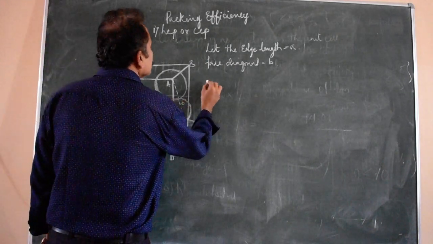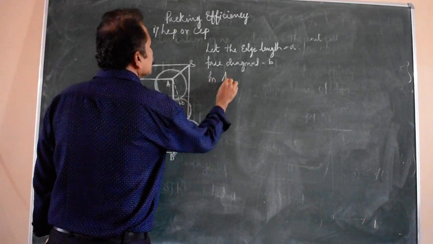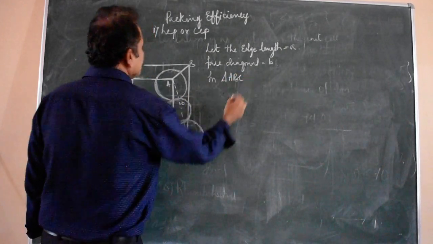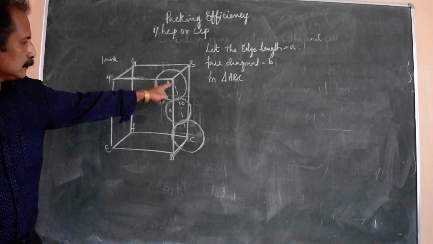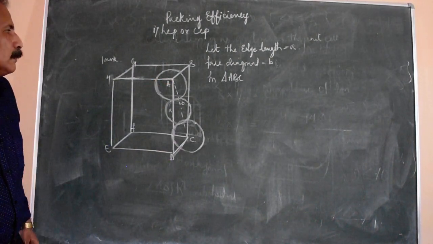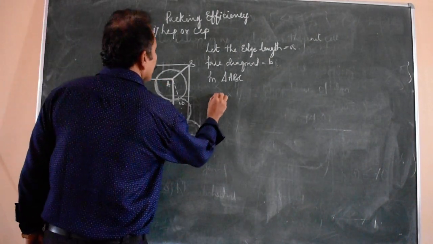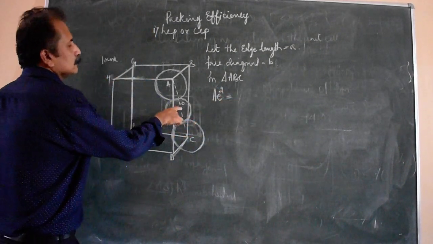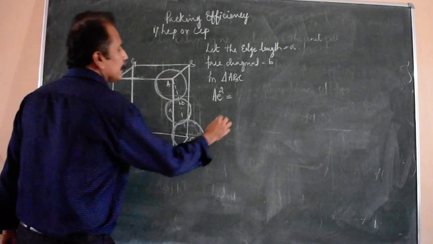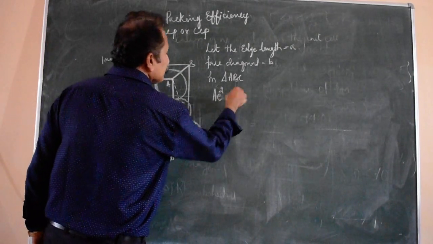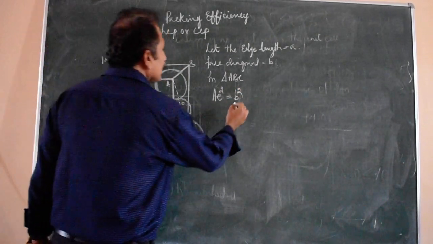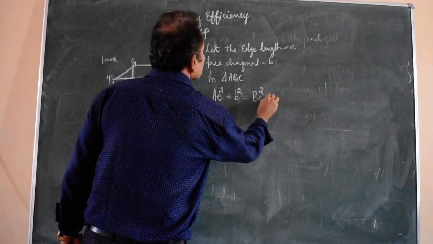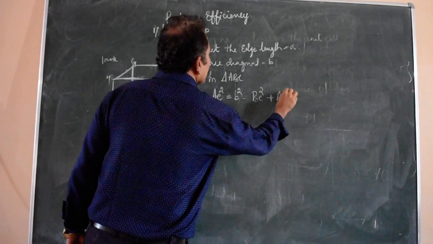So, in triangle ABC, I need the diagonal. This AC square is nothing but, since AC is equal to B, I can write it as B square, which is equal to BC square plus AB square.